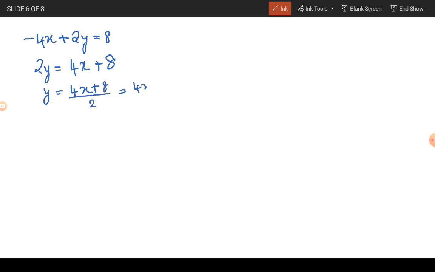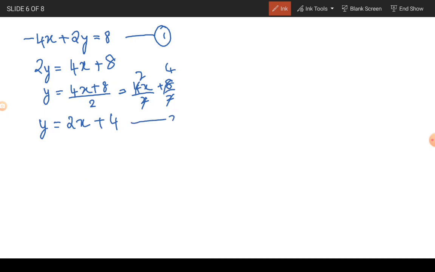Remember, that means it is 4x by 2 plus 8 by 2. So your general form equation is y equals 2x plus 4. That is, I'm left with 2 here and this cancels to get 4. So this is my equation represented in the general form. So equation 1 and equation 2 represent the same function, only the form looks slightly different. Okay, 1 and 2 are one and the same function.